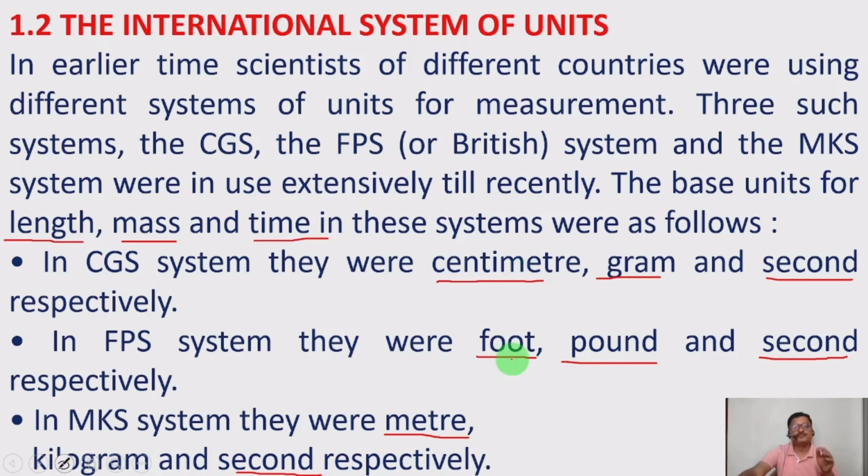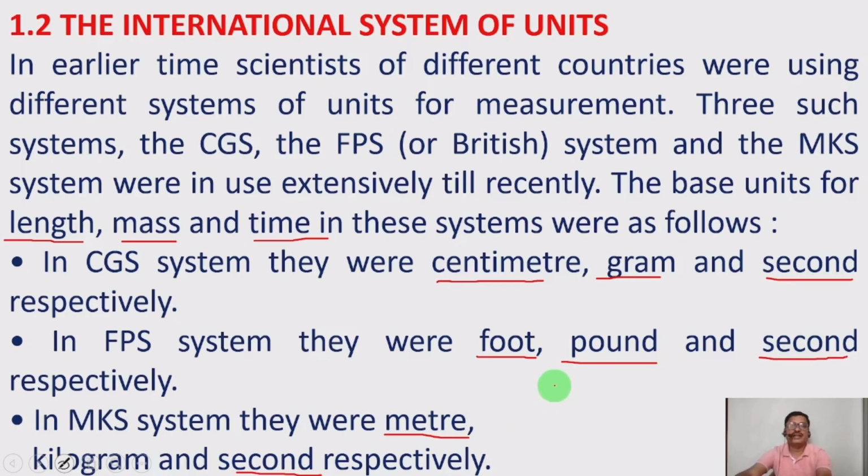Length is centimeter in CGS, foot in FPS, and meter in MKS. Mass is gram in CGS, pound in FPS, and kilogram in MKS. And time remains the same in all the systems: second, second, second.